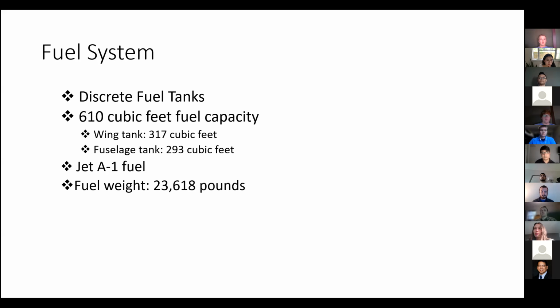Our fuel tanks will be able to carry 610 cubic feet, and that will be split between the wing tank and the fuselage tank, with the wing tank carrying a slight majority at 317 cubic feet and the fuselage carrying the remaining 293. We decided to go with Jet A fuel, and that fuel at that volume would weigh about 23,600 pounds.